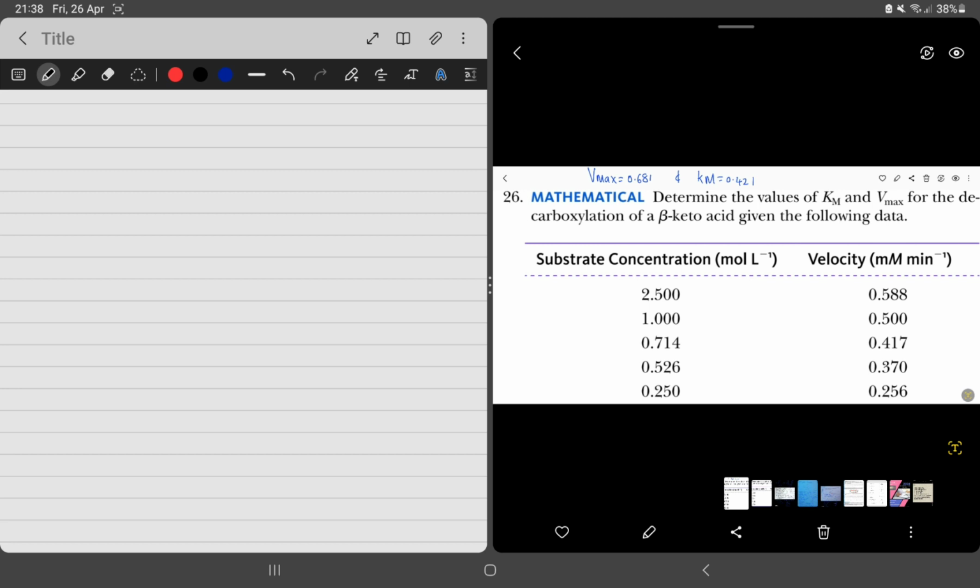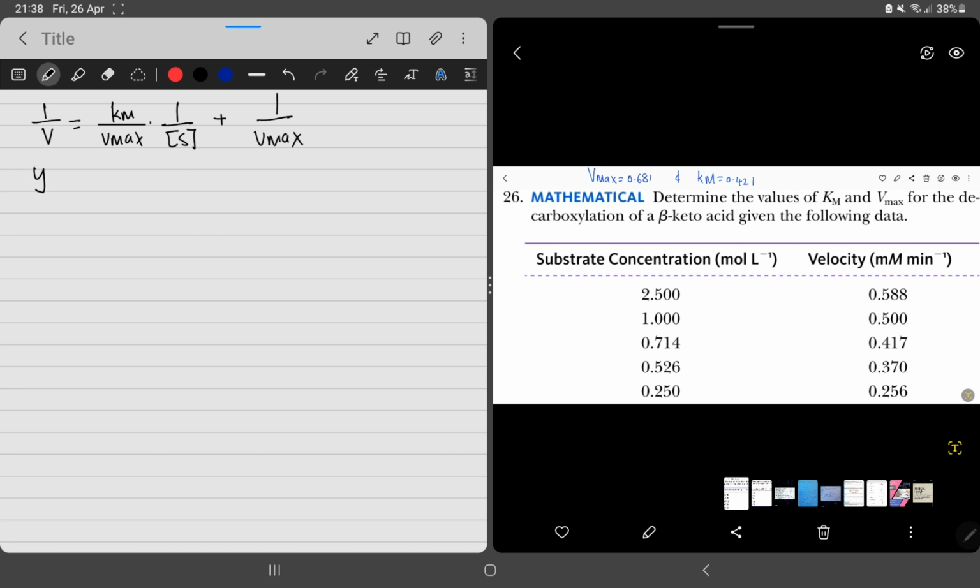and Vmax. Okay, so we said that the Lineweaver-Burk reciprocal plot is characterized by the equation of a straight line. And it is given as 1 over v is equal to the Km value over Vmax multiplied by 1 over the concentration of the substrate plus 1 over Vmax.